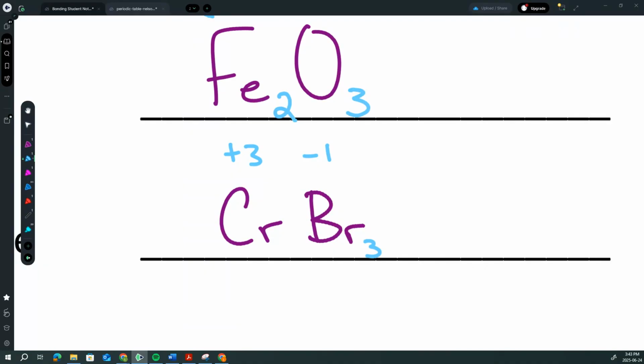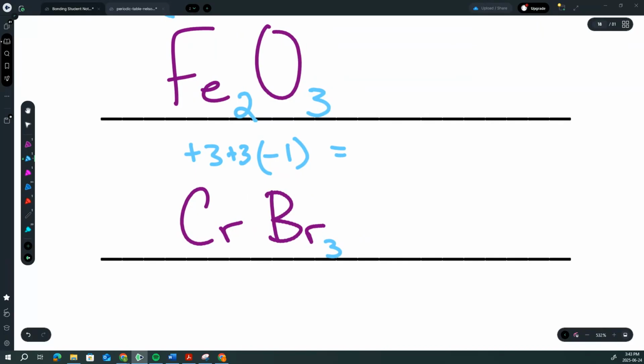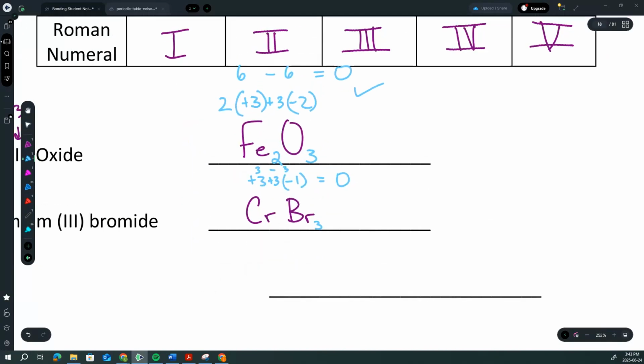What's happening here is we have a 3+ charge coming from the 1 chromium, plus 3 bromide ions times -1, because each bromide ion has a -1 charge. So we have 3 times -1 is -3, which does equal 0, so that's done.